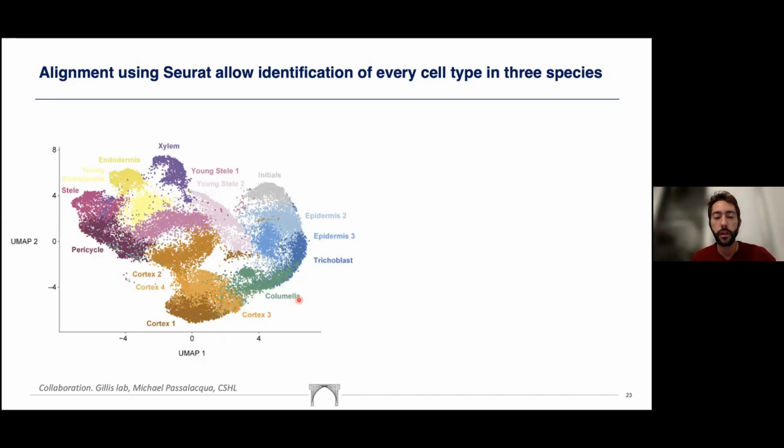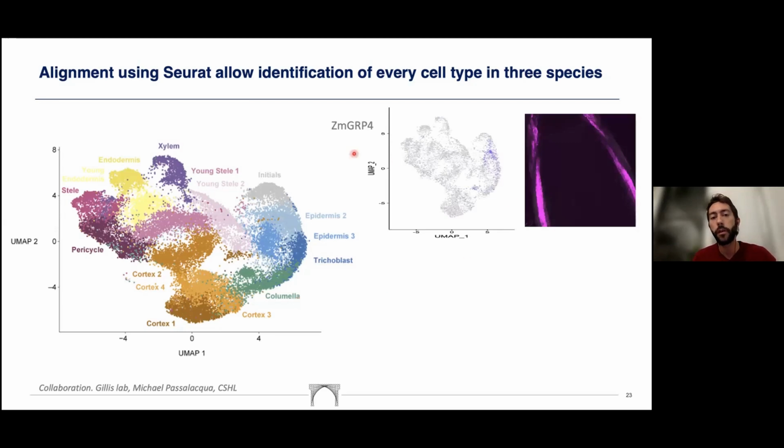So instead of doing that, we developed a whole mount in situ hybridization in maize, sorghum, and Setaria using fluorescent probes. And so here's an example of a positive control, GRP4 in maize, that was already published a few years ago and was characterized to be expressed here in the epidermis and lateral root cap columella.